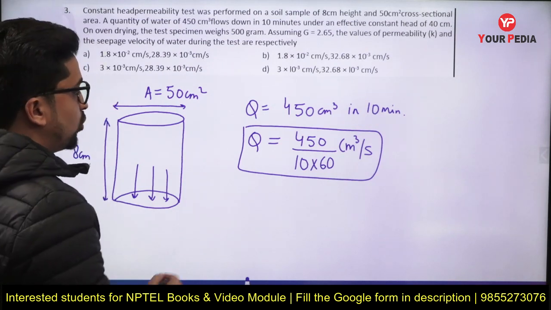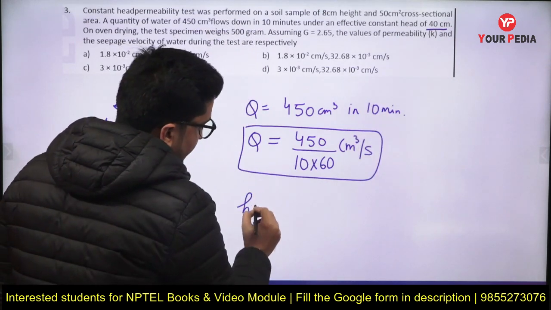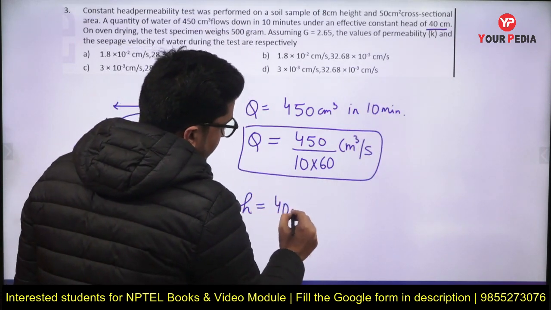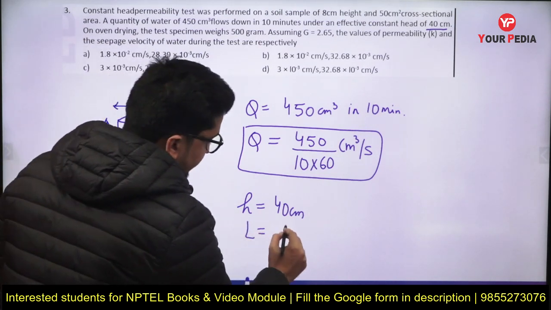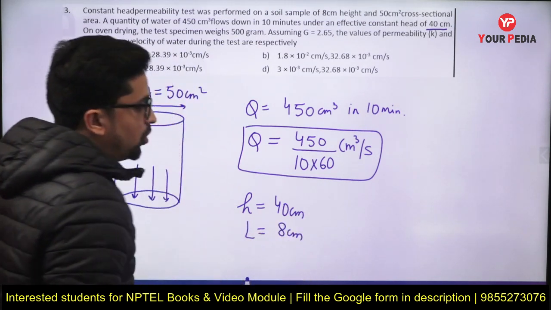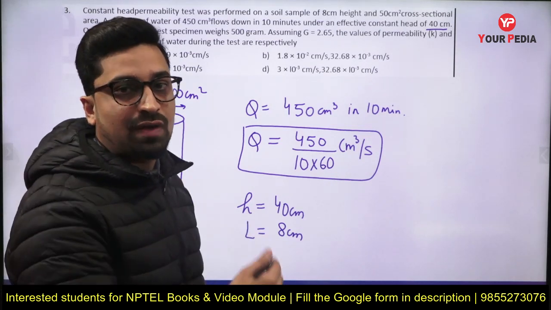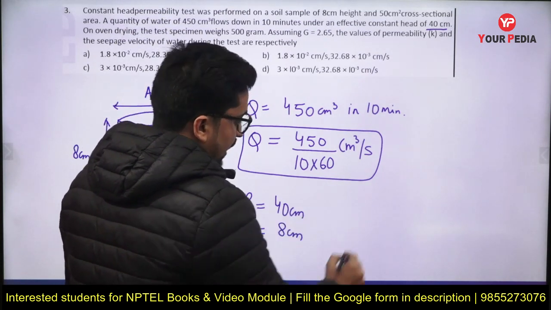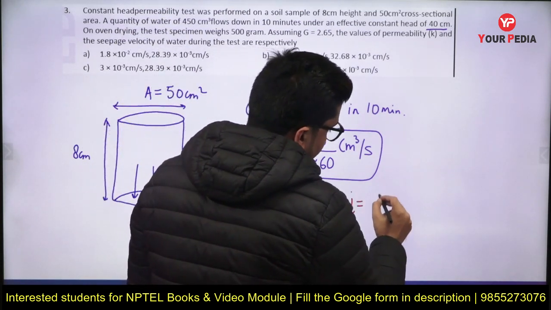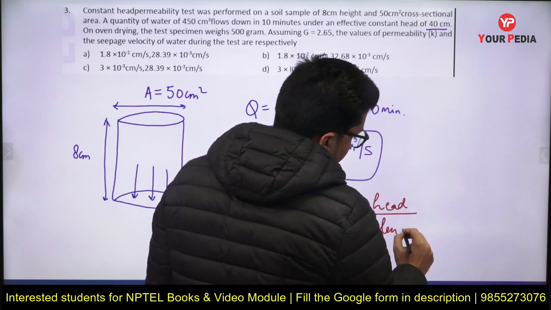Along with that, they have told you a constant head of 40 centimeter. So basically head is 40 centimeter and the length of the soil sample is 8 centimeter, correct. So we can easily tell that the hydraulic gradient of this soil sample will be equal to head upon length of sample, right.